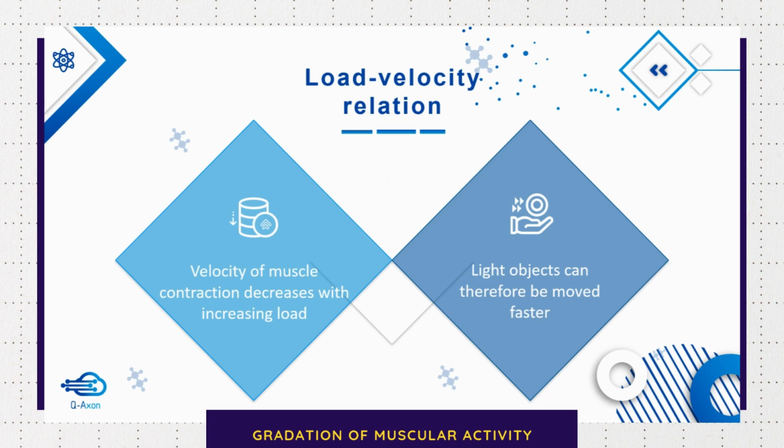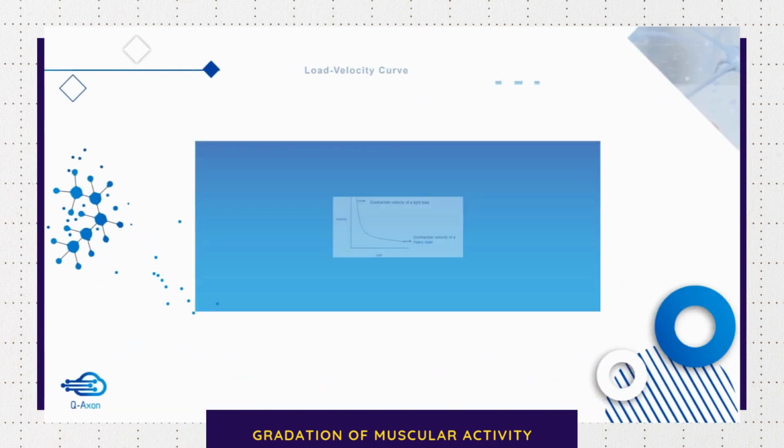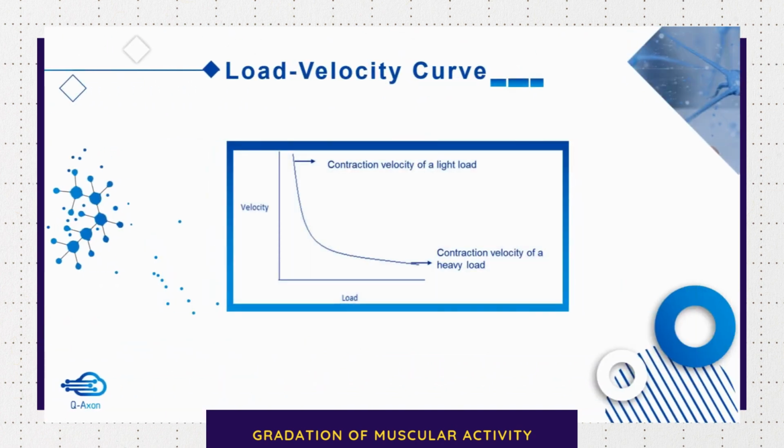So this means that velocity of muscle contraction decreases with increasing load on the muscle. If you were to graphically plot this relationship, you would get a graph like this. You can see that as the load increases, the velocity of contraction decreases.